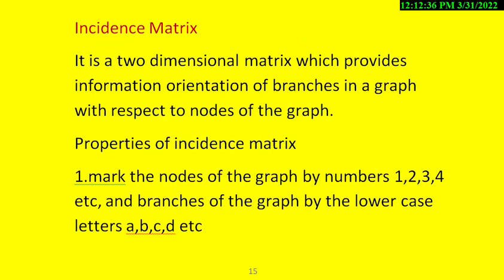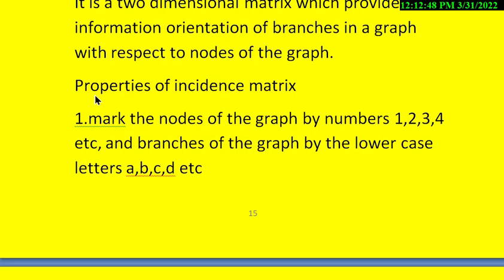Next we see the incidence matrix. It is nothing but a two-dimensional matrix which provides information on the orientation of branches in a graph with respect to the nodes of the graph. The properties of the incidence matrix are like this.